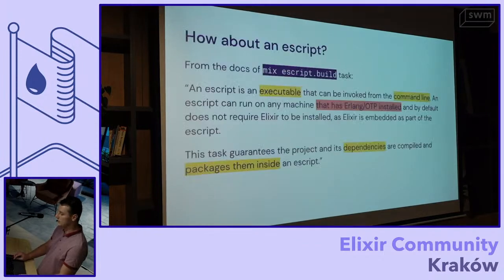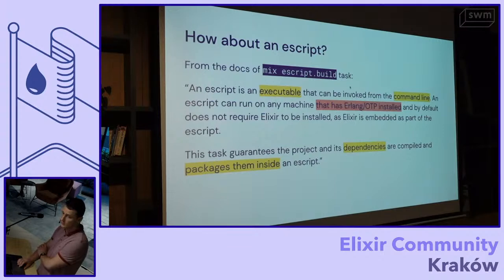But it turns out there is something in the Erlang ecosystem, and Elixir has some sugar to use it. It's called escript. This is an excerpt from the docs for the task in the Mix tool that describes it.